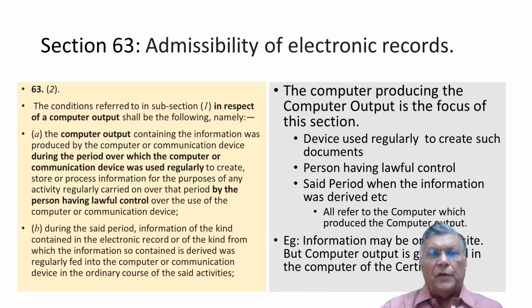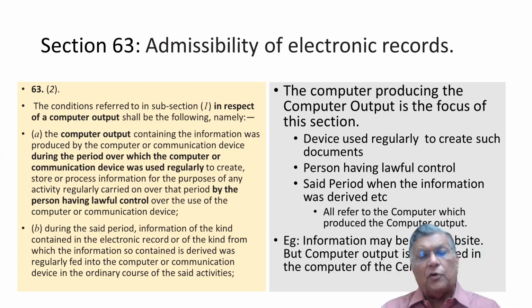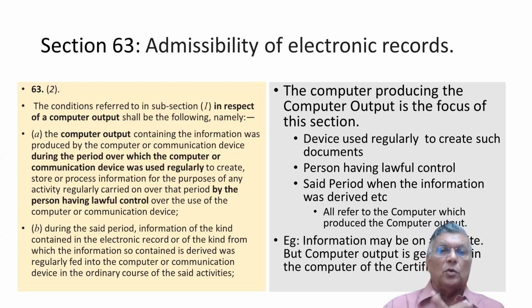Now, if we come to subsection 2, the conditions referred to in subsection 1 in respect of a computer output shall be the following. So it is very clear that these conditions of section 63 subsection 2 are in respect of the computer output. Now, what is the computer output? Computer output is produced by the person who has to produce a certificate under section 63. Now, what are the conditions?